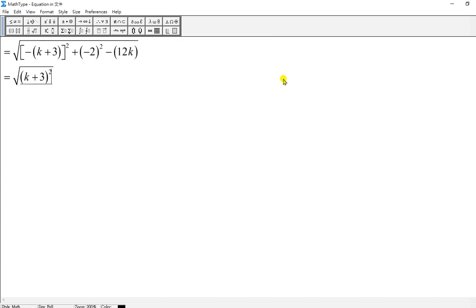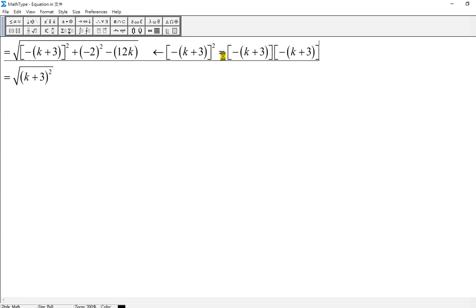If you really don't know why, then I can show you the reason. If you are considering negative bracket k plus 3, all squared, that means you have two factors like this. So negative sign times negative sign goes back to positive.